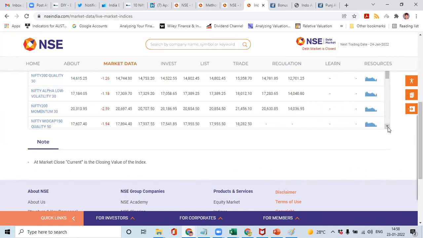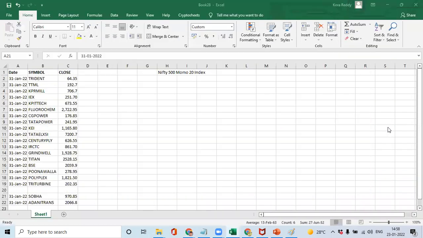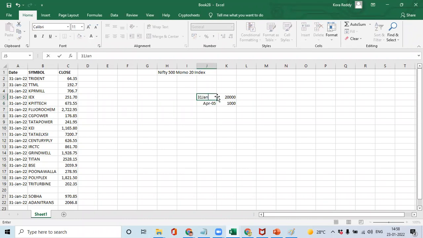The base was 1,000 in 2005. So it is right now 20,000. Started at 1,000. I think this is April 2005. That's what we have seen, right? And this is today. So my number of years is how much?